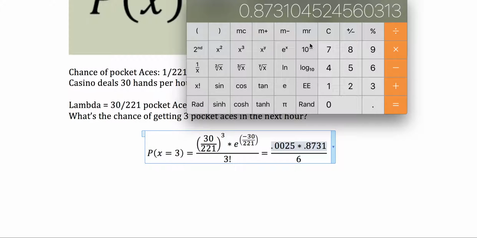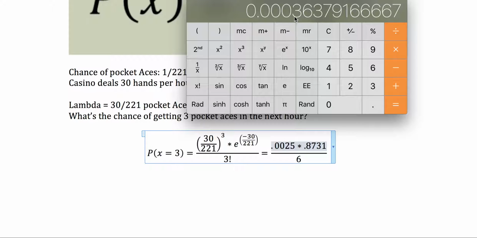Sorry, I don't know how to use a calculator well, but here we go. Let's clear this again. 0.0025 times 0.8731, and let's divide that by 6. And so there we have it.